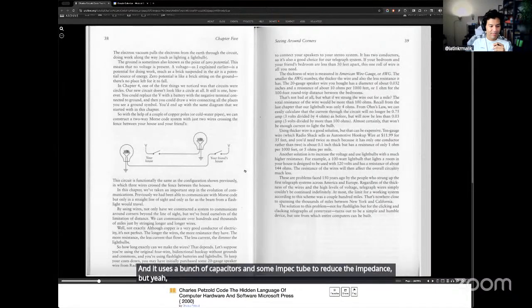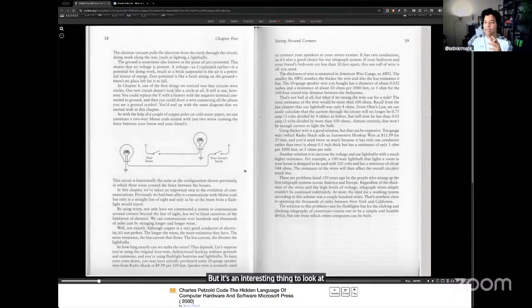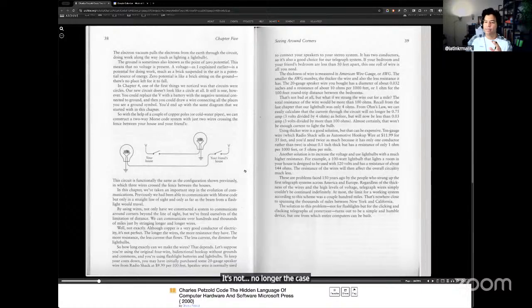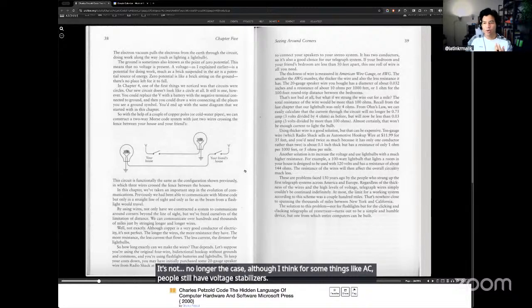It's an interesting thing to look at. But eventually we have gotten much better at providing good quality voltage, so it's no longer the case. Although for some things like AC, people still have voltage stabilizers. But if you just plug your AC into the wall, it will still work for the most part.